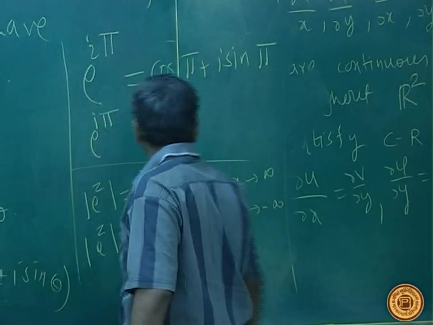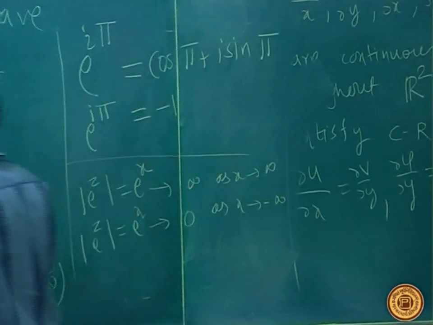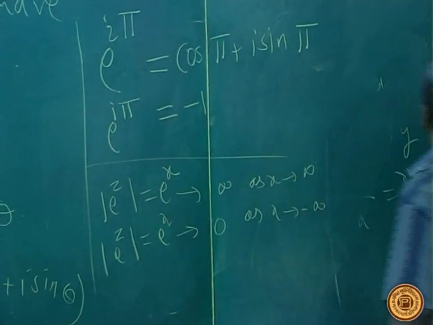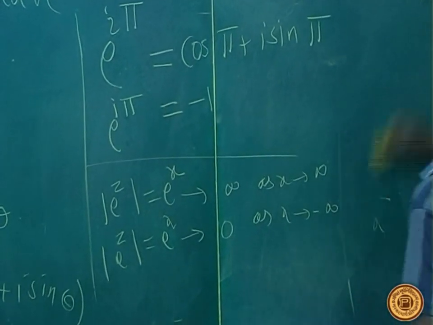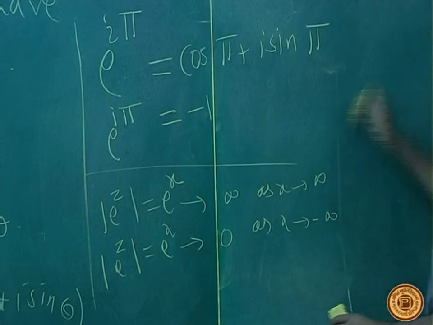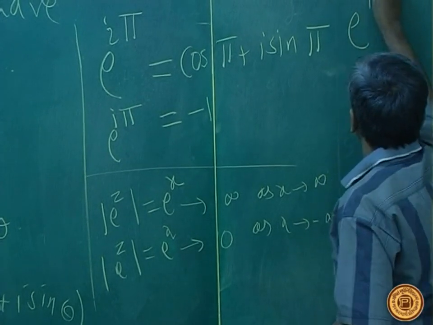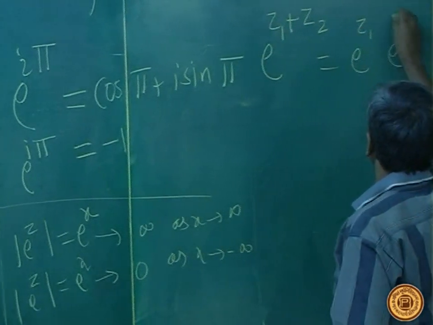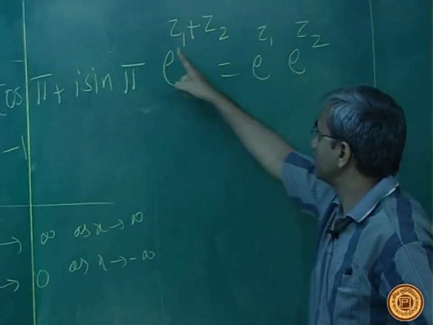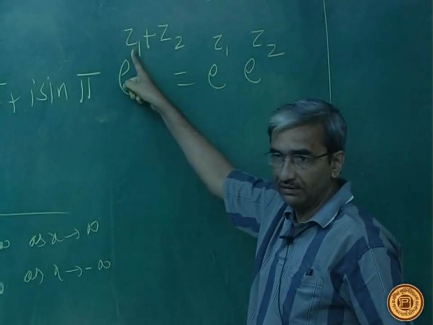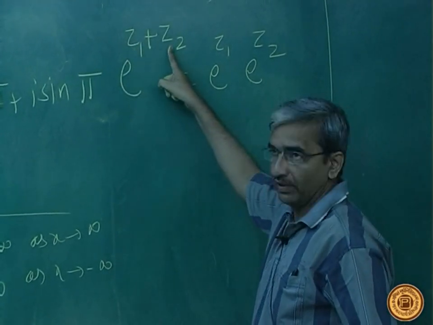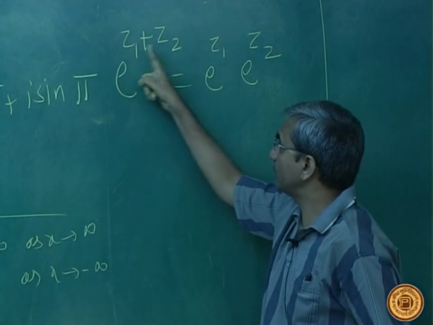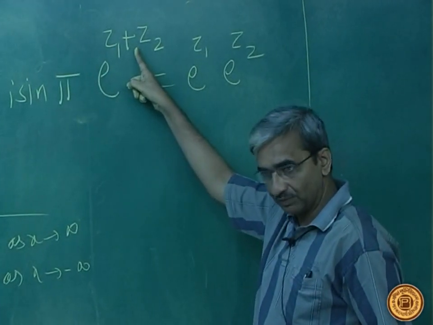And then e to the power z1 plus z2. What do we expect? E to the power z1 plus z2 is e to the power z1 into e to the power z2. So you just write this as x1 plus i y1 and x2 plus i y2. So this is x1 plus x2 plus i times y1 plus y2.